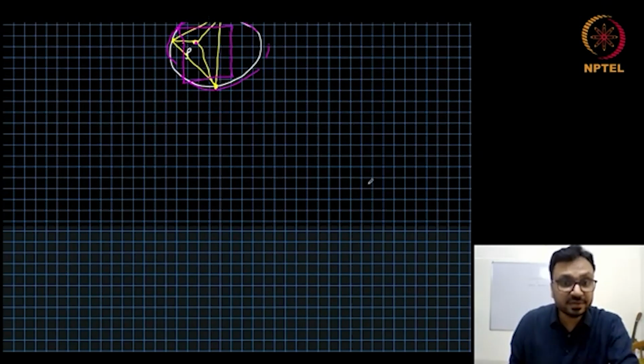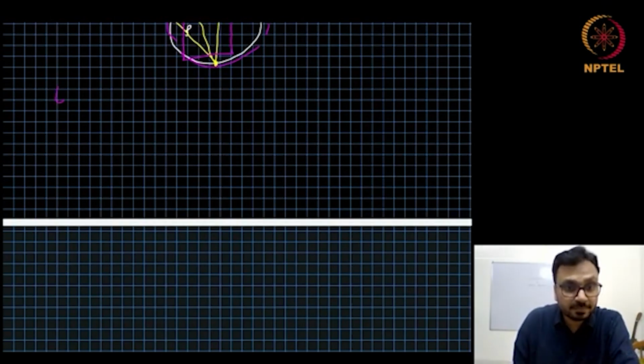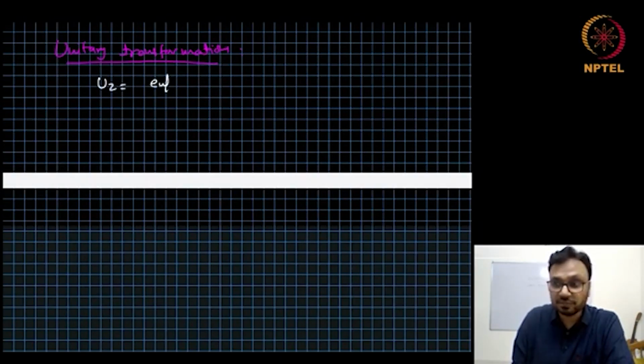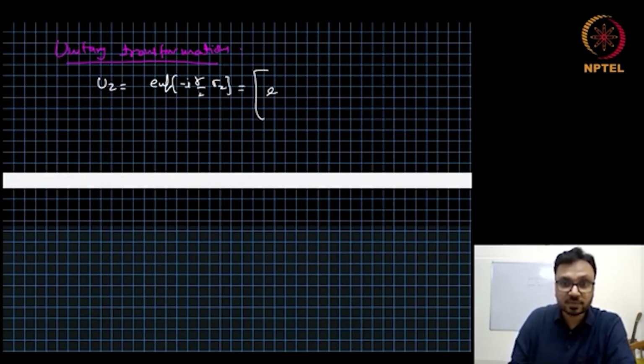Next is the unitary transformation in the Bloch sphere. Let us consider again U_z, which is exponential of minus i gamma over 2 sigma z, which is also exponential of minus i gamma over 2, exponential of i gamma over 2.